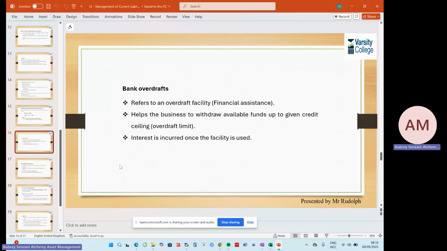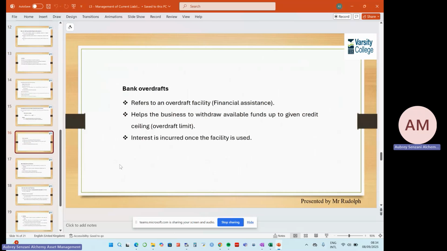Okay. So now bank overdrafts. Okay. Bank overdrafts obviously help the business to withdraw available funds. I would say above available funds up to a given credit ceiling. Okay. So in other words, withdraw beyond the available funds that we actually have sitting in the bank account. Okay.